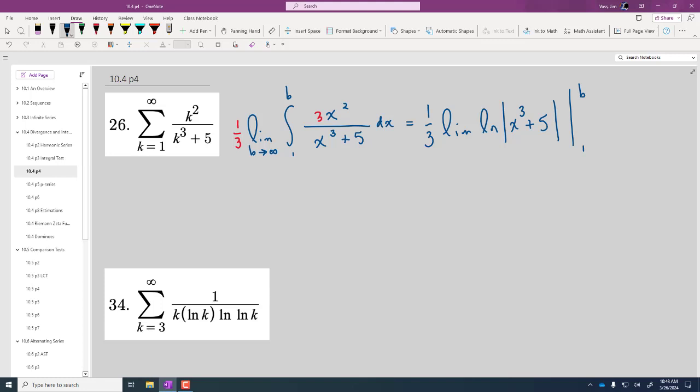So when an integrand is in log form, we get natural log of the absolute value of the denominator. Does that all look good? Then we plug in our upper limit, and we're going to get natural log of b cubed plus 5, minus natural log of the lower limit, natural log of 6.